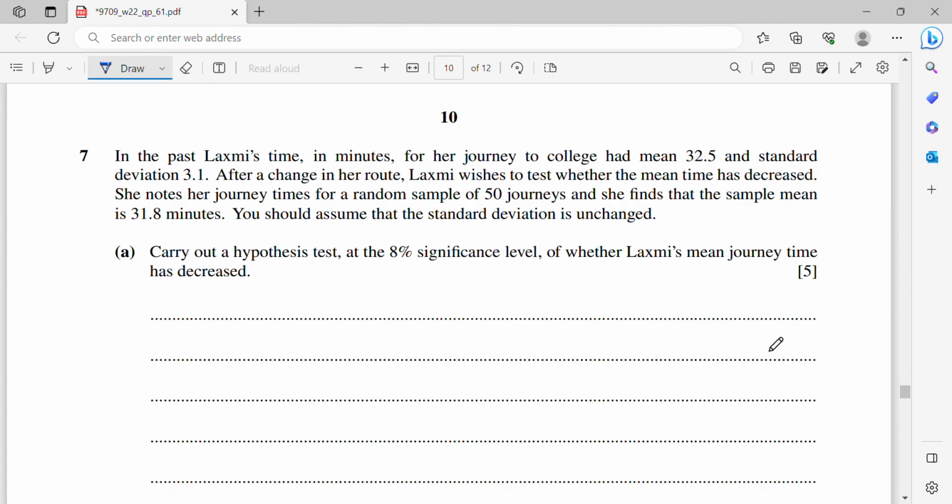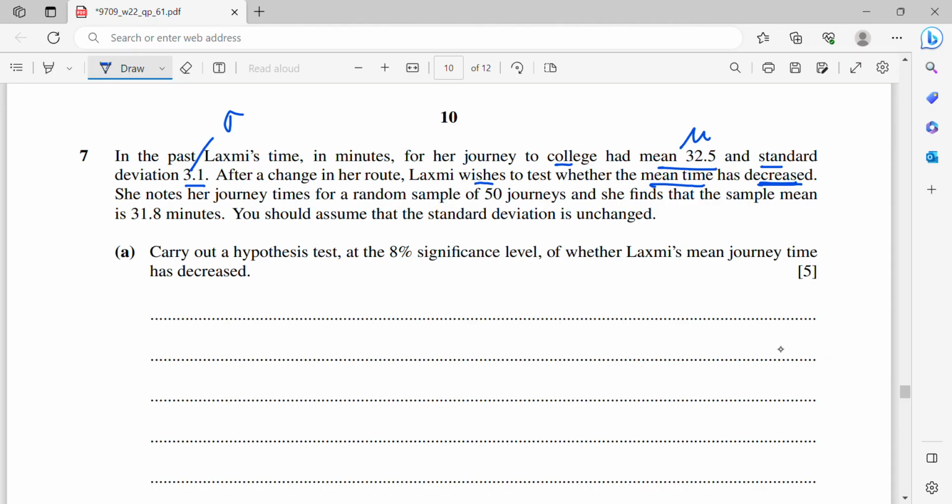Now question 7. In the past, Lakshmi's time in minutes of her journey to college had mean 32.5 and standard deviation 3.1. That means this is mu and 3.1 is sigma, the population standard deviation. After a change in her route, Lakshmi wishes to test whether the mean time has decreased.